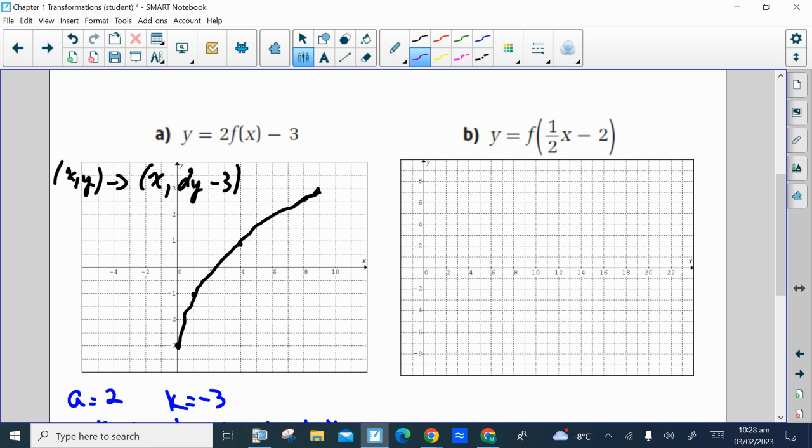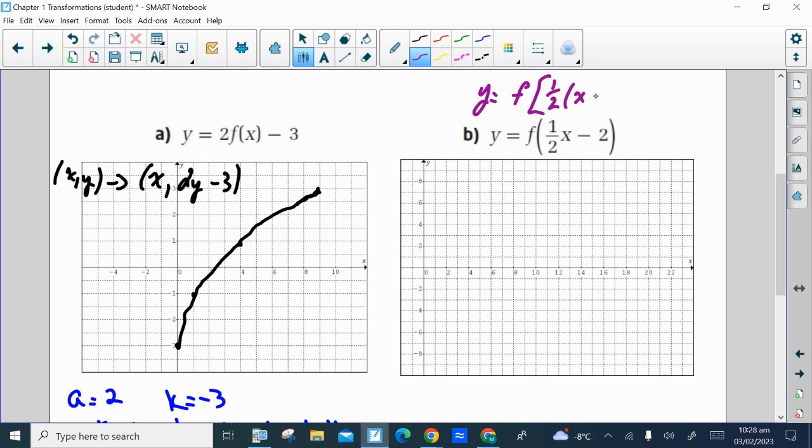Now for question B, once again, if we look at that equation, the b value is a half, but the h value is not 2, because b and x minus h have not been separated by brackets. So we need to do that by taking out a common factor of the b value, 1/2. And to get what's inside the brackets, you divide each term by a half.